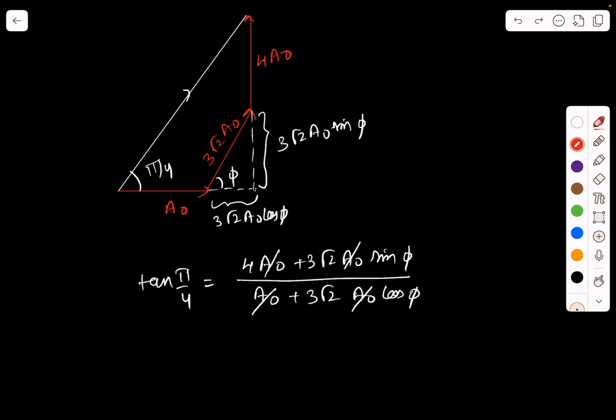So the length is represented by the amplitude 3 root 2 times a naught. The third wave, having an amplitude 4 a naught, is leading the first wave by an angle pi by 2. So the third vector I have drawn perpendicular to the first vector, starting from the second vector onwards, and the resultant of the three vectors is drawn by completing the polygon.